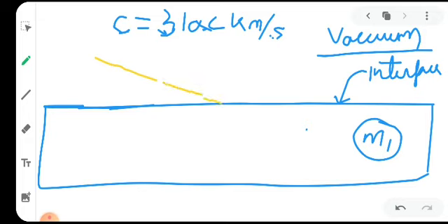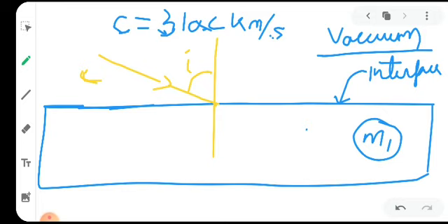Suppose we have a ray of light like this, and it was moving in vacuum and it hit the interface at an angle with respect to the normal, say i. Here the speed is c, as mentioned before.